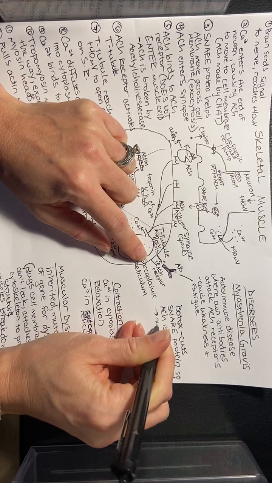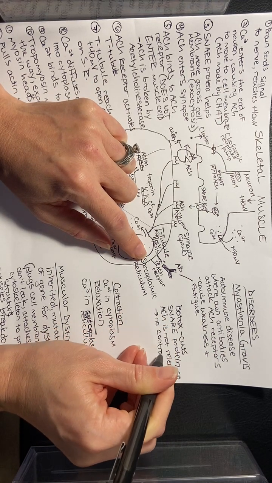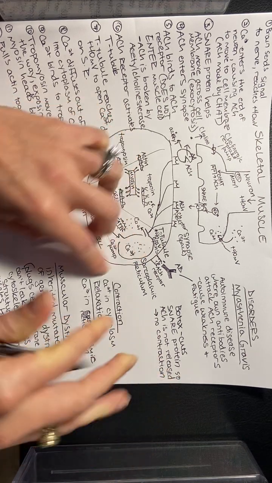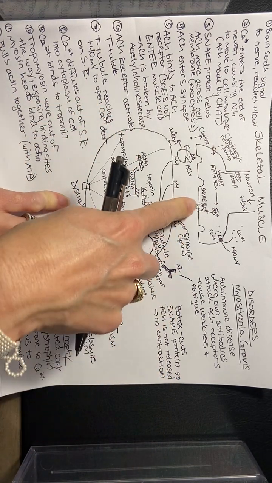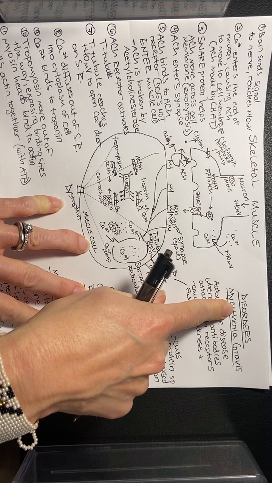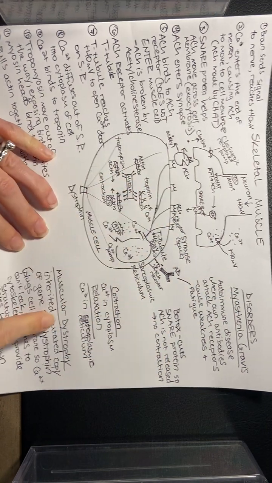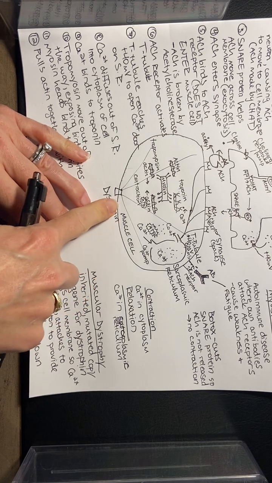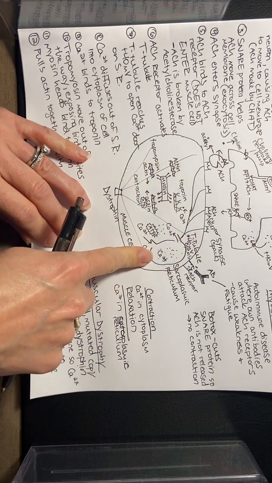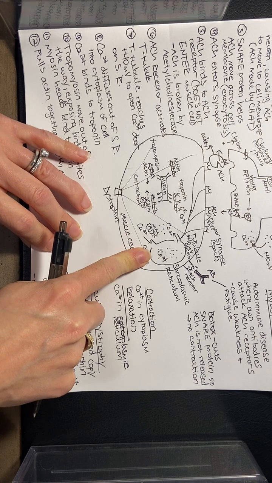So no contraction. Interesting that Botox stops it here. Myasthenia gravis stops it here at the acetylcholine receptor. Muscular dystrophy is just going to be an overall breakdown of the muscle fiber. Completely breaks down.